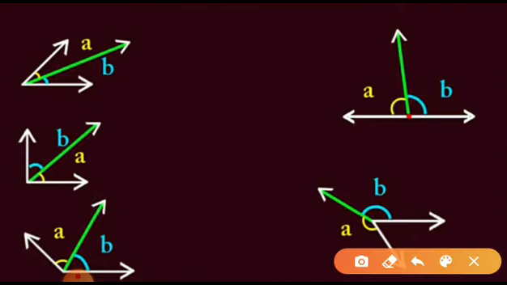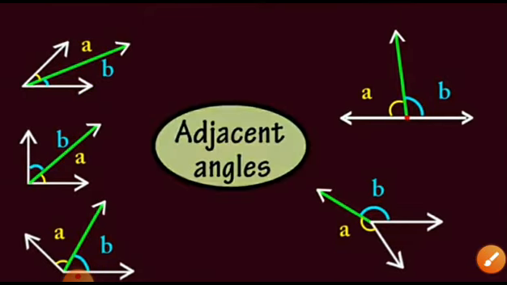So can I say this green ray divides the angle into two parts such that it has a common vertex, and the uncommon arms are on both sides of the common arm? Then those angles are called adjacent angles.